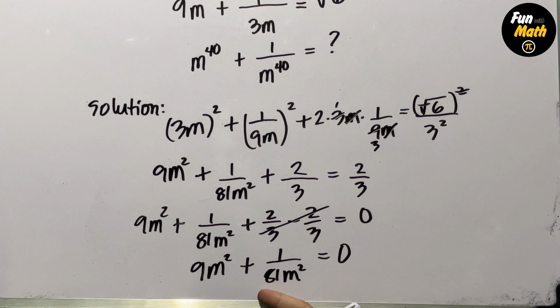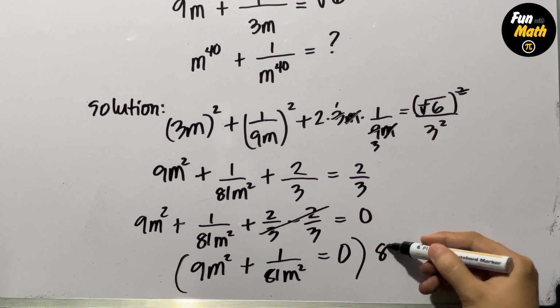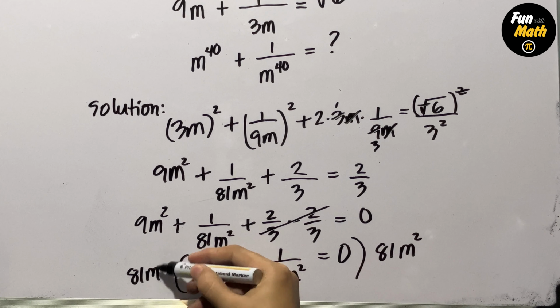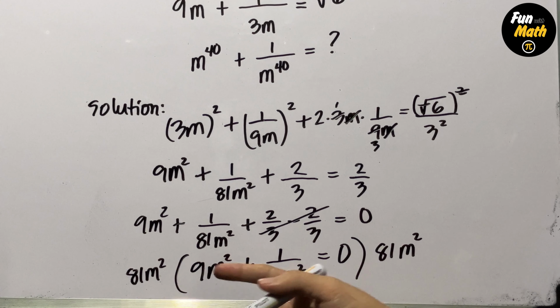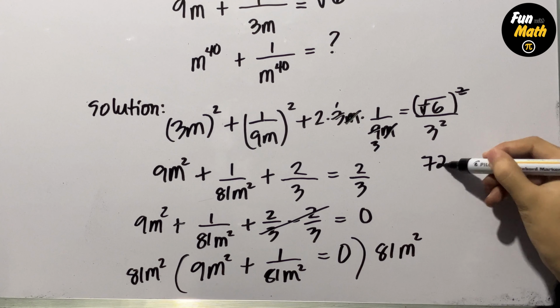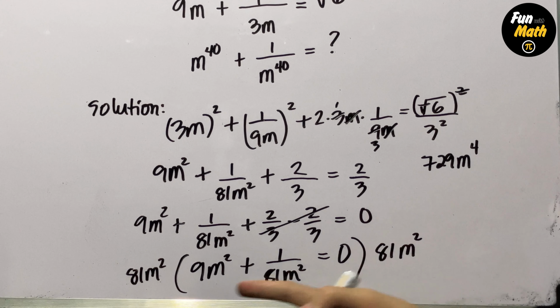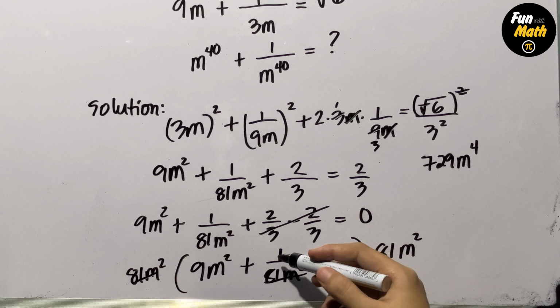Let's remove this denominator, 81m squared, by multiplying both sides by 81m squared. So 81m squared times 9m squared is 729m to the power of 4. And then 81m squared times 1 over 81m squared is cancelled and we're left with 1.